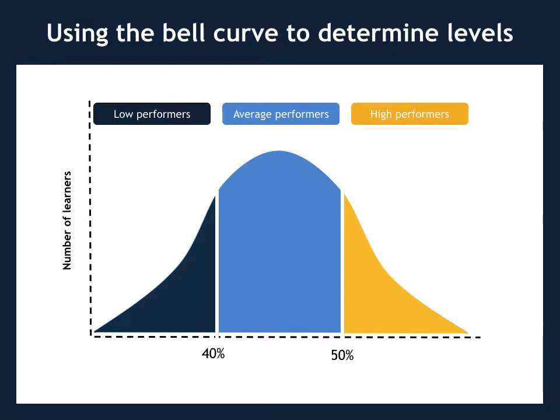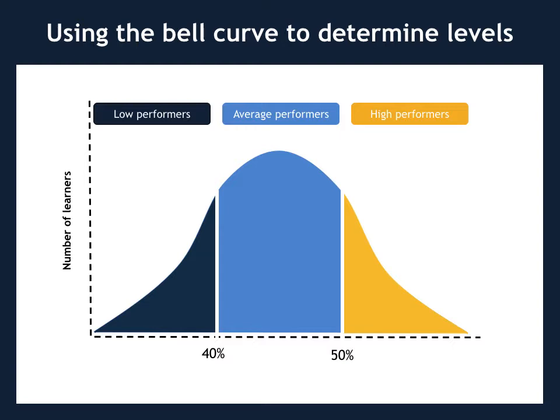So if you look at a class and the spread, you should always have the majority of your learners sitting in the middle. Now, this 40 and 50% is just a guideline. It's an example. You might say, well, it's between 50 and 60%. You might say it's between 40 and 80%. That's up to you. The idea here is that there is a bell curve where the majority of the learners achieve the average marks, and then you've got some learners that achieve higher and some that achieve lower.